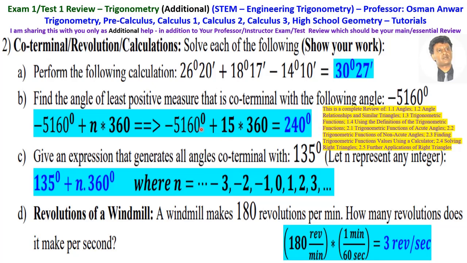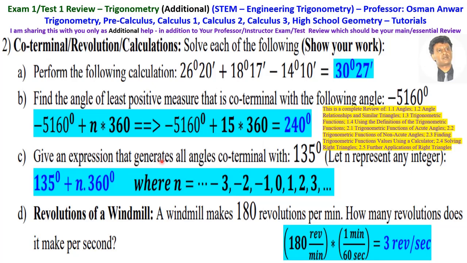So after you add 360 15 times, you will get 240, which is the first positive coterminal. To find out how many times you need to add 360, simply divide 5160 by 360, you will get a number that is close to 15. Then you round it up or down, then you get 240 is the smallest number.